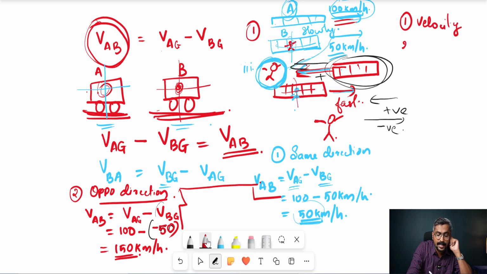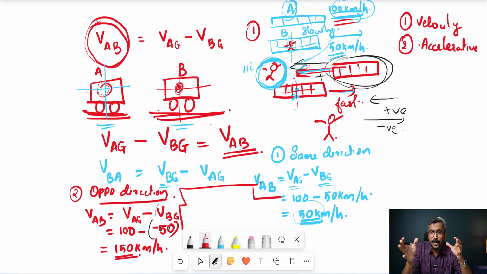The same way, acceleration will also be relative. But the displacement between two points will be fixed; it does not depend on the frame of reference.